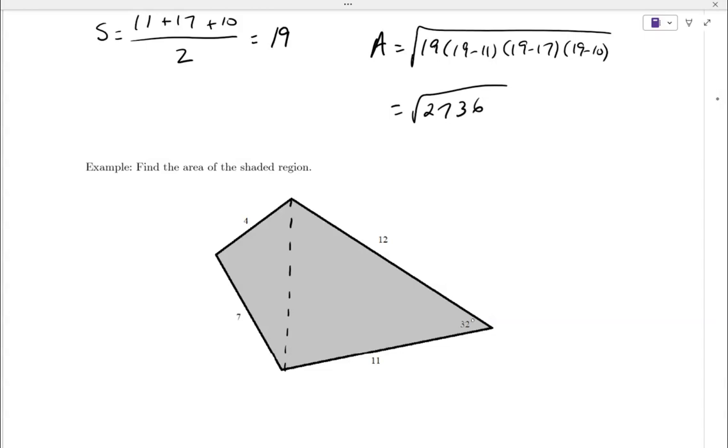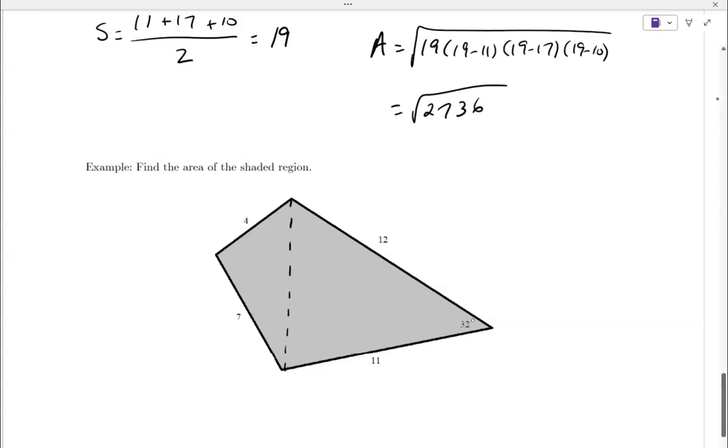So what do you think we need to calculate first in order to be able to use Heron's formula? The new side, right? If I can get that third side, the length of this side here, then I can use it to find the area of that triangle and that triangle, and then do what with the two answers? Add them, because I got two pieces now, right?